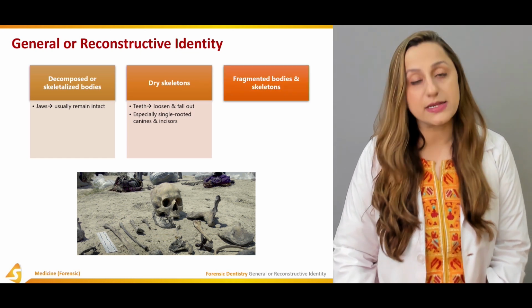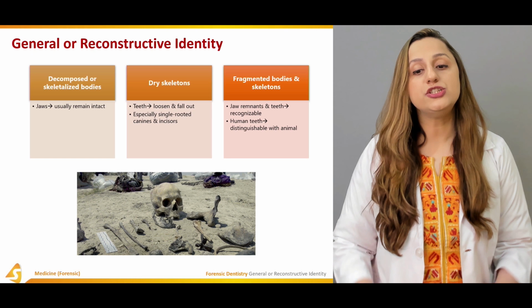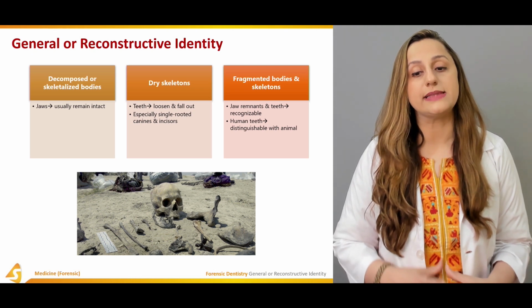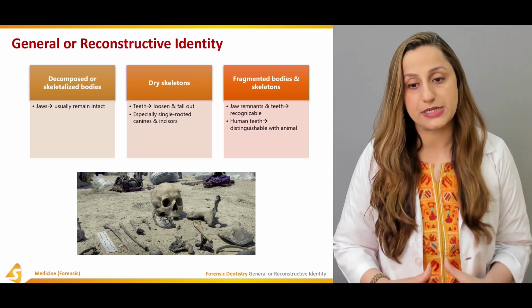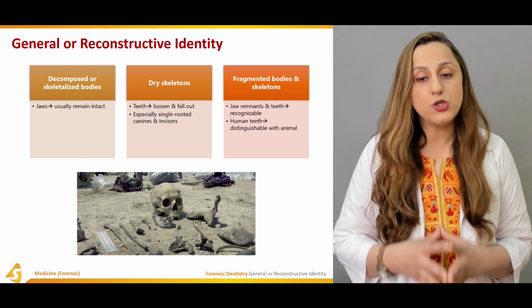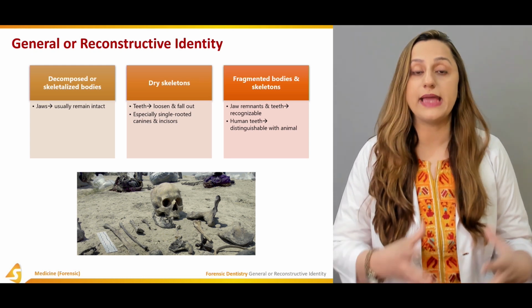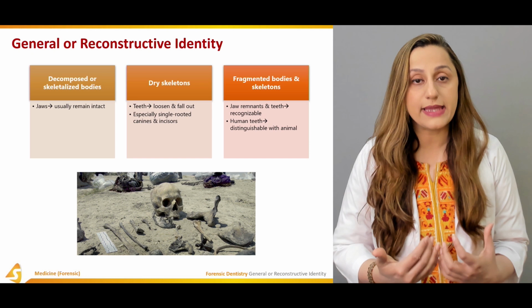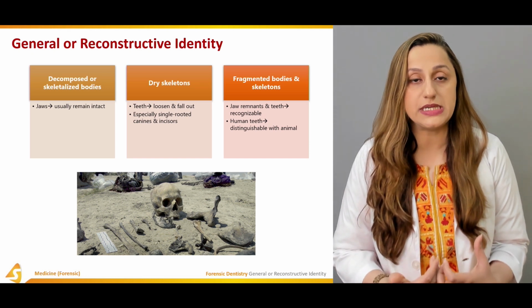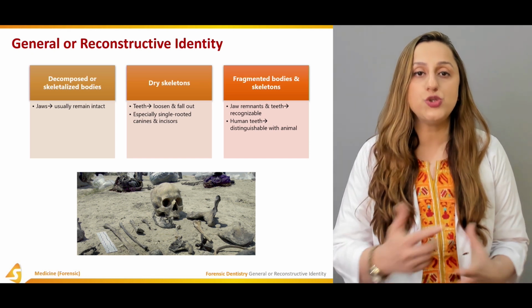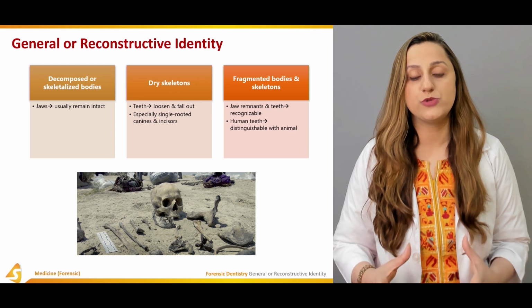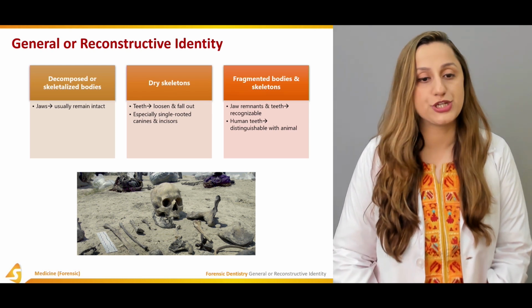Talking about fragmented bodies and skeletons, the jaw remnants and the teeth are recognizable in this particular case. And the human teeth are distinguishable from the animal teeth. Even the jawline is quite different from that of animals. It's usually a more U-shaped jawline when we're talking about animals.